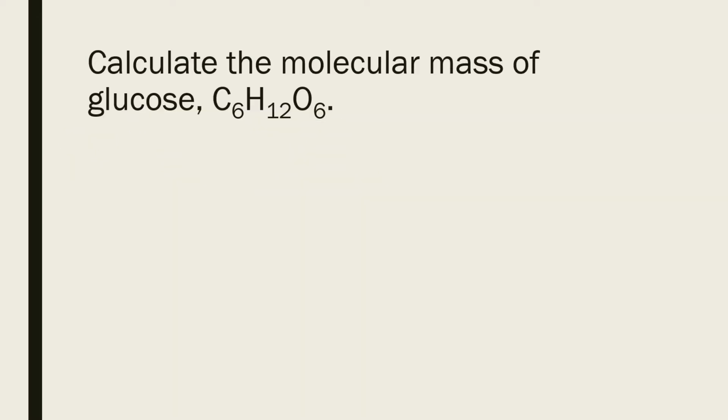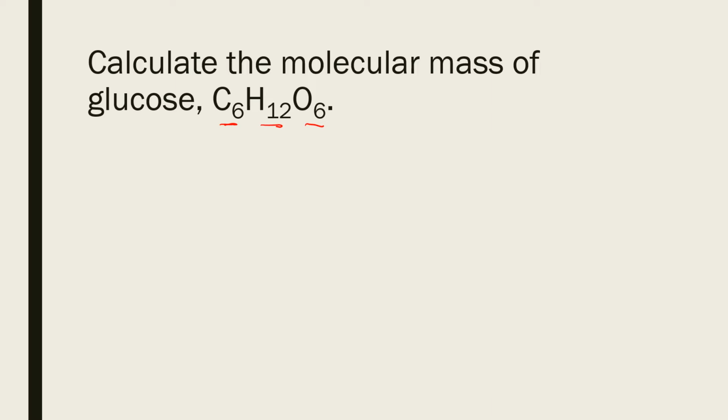Let's calculate the mass of a glucose molecule. In a glucose molecule, we have 6 carbon atoms, 12 hydrogen atoms, and 6 oxygen atoms. So in order to calculate the molecular mass of glucose, we need to know the atomic masses of carbon, hydrogen, as well as oxygen.